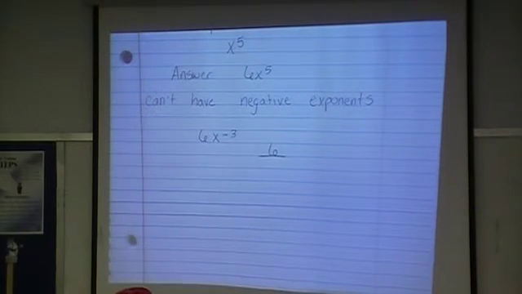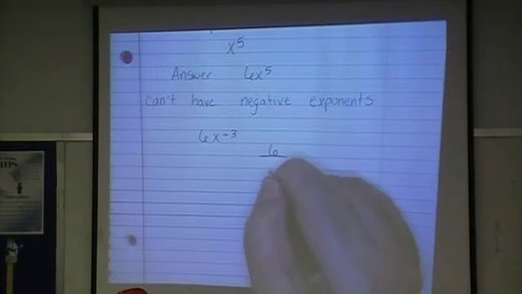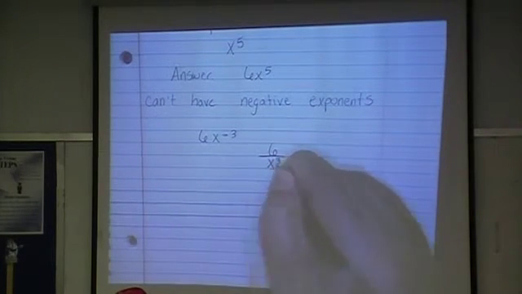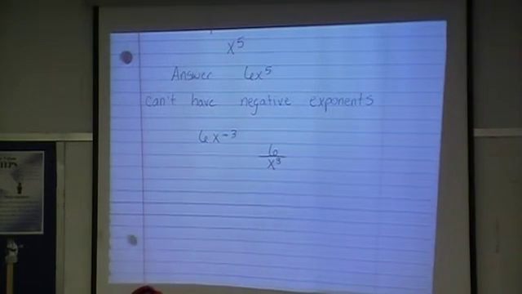All you do is take that x to the negative third and put it on the bottom. When you put it on the bottom, it becomes a positive. It's like flipping something.